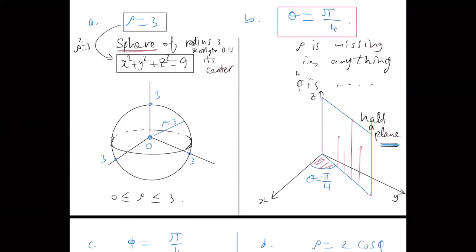If theta is 0, we get the xz plane, or xz half plane. Theta equals pi over 2, we'll get the zy half plane.